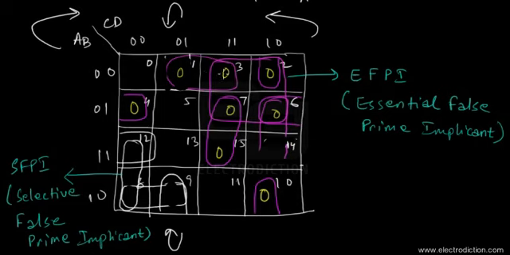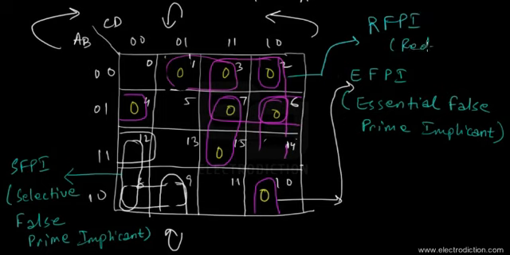In that case, we would have this particular quad whose elements have all been grouped with other pairs, so they don't have any adjacent elements left to group up with. Each of these pairs would become an EPI, whereas the quad group that we got over here would have become an RFPI, a redundant false prime implicant.